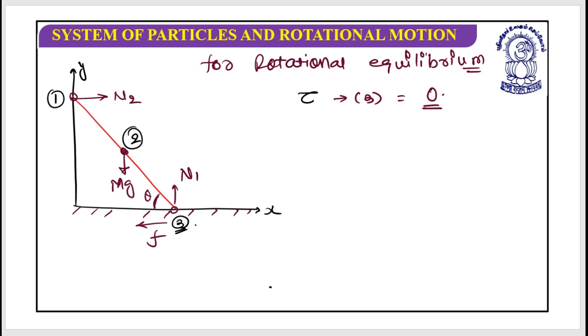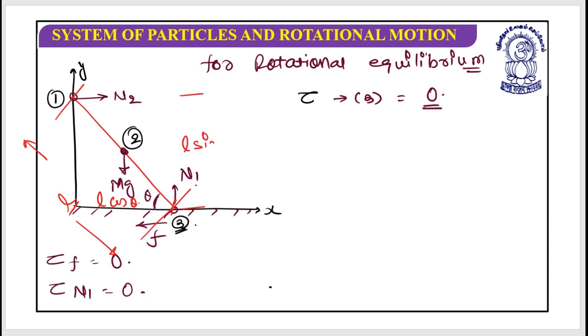The torque due to friction is 0, the torque due to n1 would be 0. Great. Now the torque due to n2, how will I do this? First let's understand that this is the length L. This is the angle theta. So this is L cos theta and this is L sin theta.